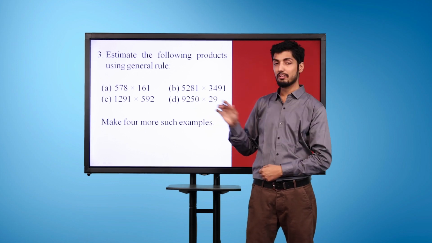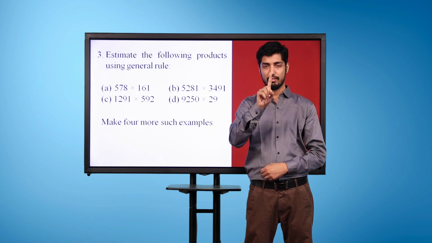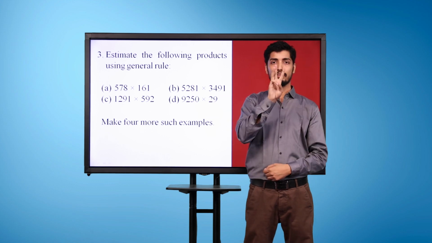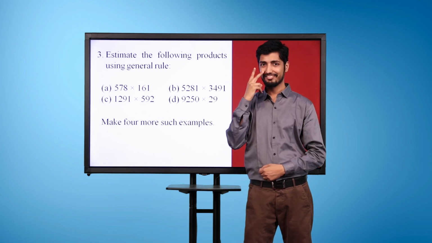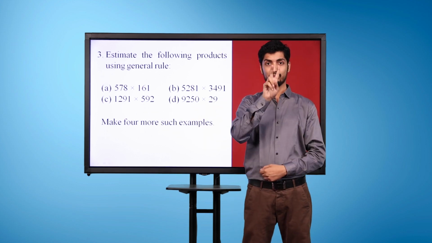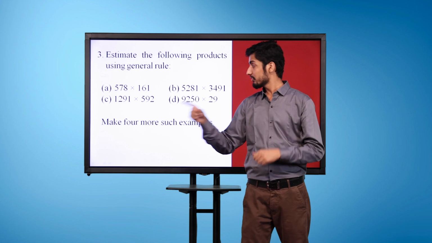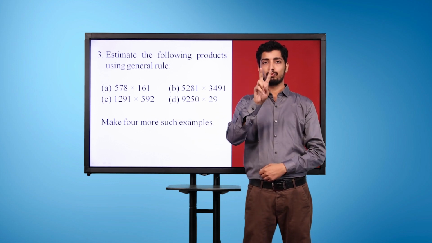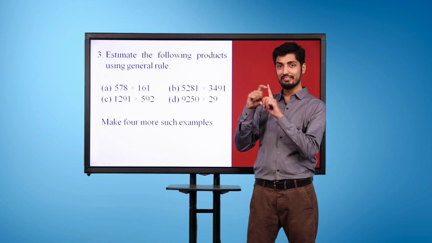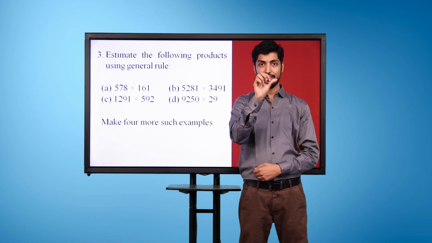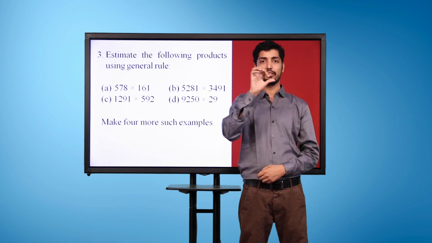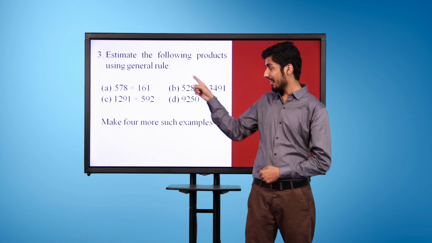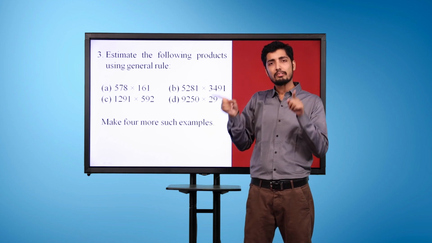B. 5,281 multiplied by 3,491. C. 1,291 multiplied by 592. D. 9,250 multiplied by 29. Make 4 more such examples.